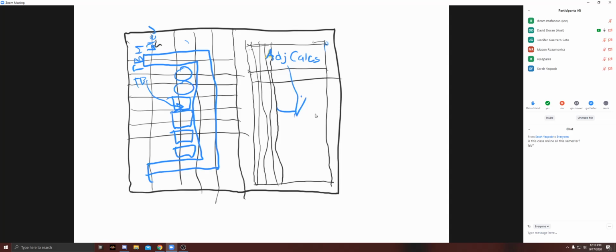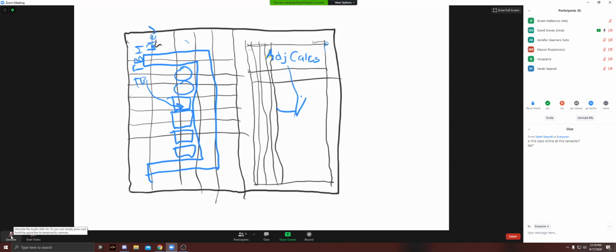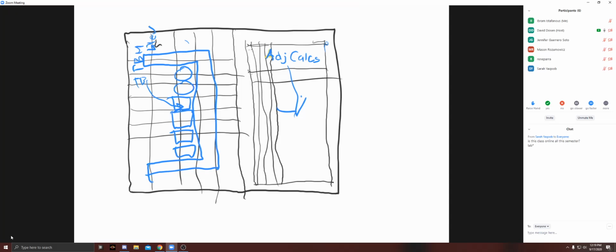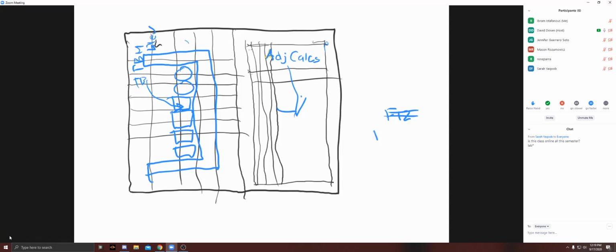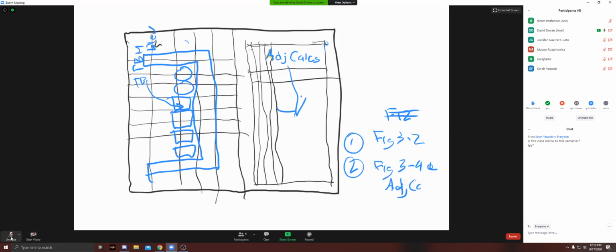Okay, that makes sense. 2 separate sheets of paper, but using the same graph paper. So just print 2 sheets of the blank paper, put figure 3-2 on one of them, and on the second one, do figure 3-4 and your remaining adjustment calcs.